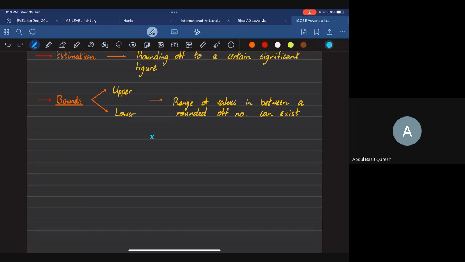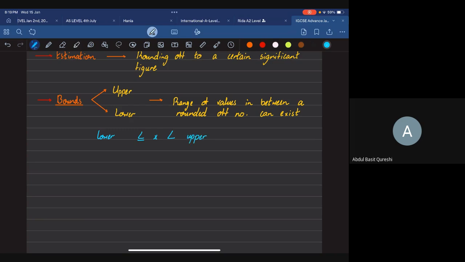We are going to suppose a certain number x. Now that number has to exist within the lower bound, and that number has to be less than the upper bound.